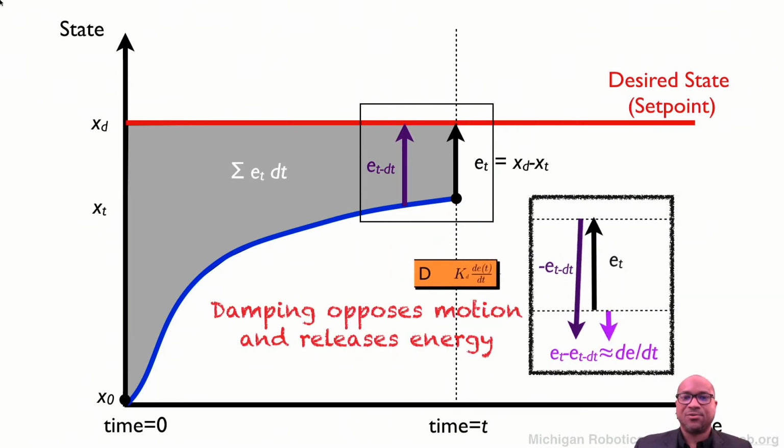If I take my past error and my current error and subtract them, what you're really saying is that my current error is trying to drive me to the set point, but my past error is always going to oppose that motion. And by opposing that motion, its job is to release energy from our system and combat divergence from stability and the set point.